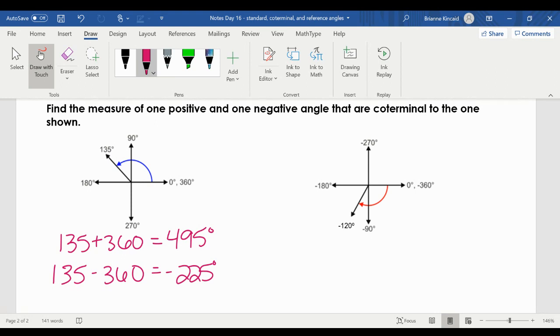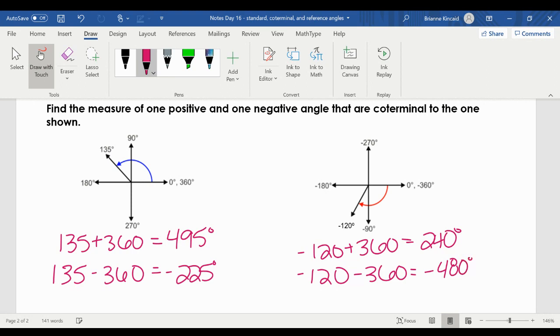Now, for the next one, the negative angle starts the same way, negative 120 plus 360 and negative 120 minus 360. This is going to give me 240 degrees, and this is going to give me negative 480 degrees.